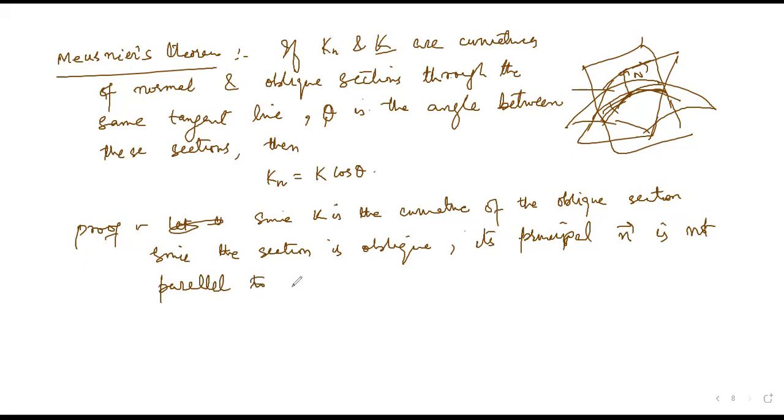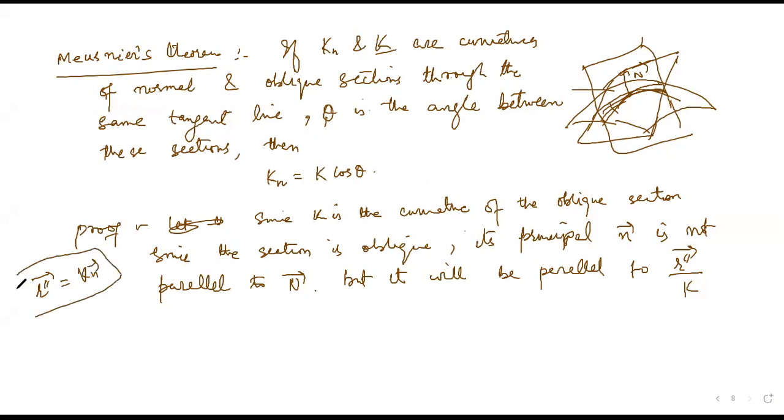It's not parallel to capital N, but it will be parallel to R double dash by K, because you know that R double dash is equal to Kn, from our Serret-Frenet formula. So N is the same as R double dash by K, so it would be parallel to this vector essentially. These two must be in the same direction, obviously.